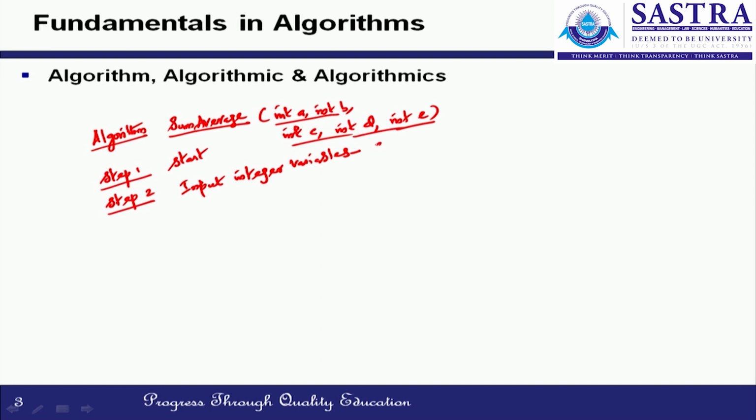For example, a, b, c, d, e. Step 3, the computational step, which is used to find the sum of these integers a, b, c, d, e. Let us write compute sum is equal to a plus b plus c plus d plus e.